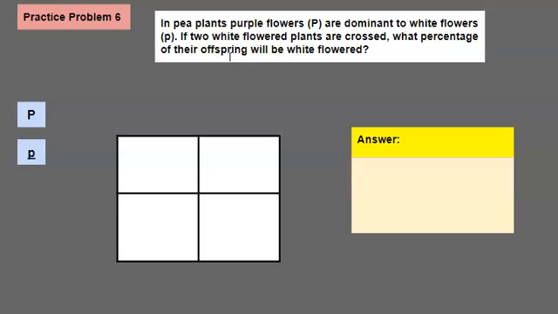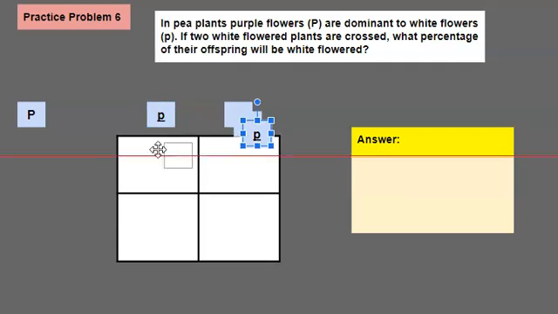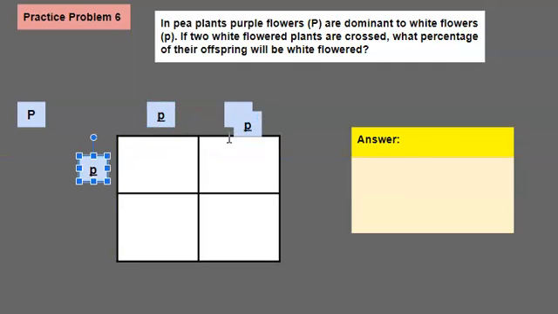All right, so we need to take into account that we're going to have little p for our white flowers, and we've got to make some copies of this. So I'm going to copy and paste a couple of these. So I have 2 white flowered plants. To be a white flower, you have to have 2 copies of the recessive allele. So that means all my alleles here are recessive.